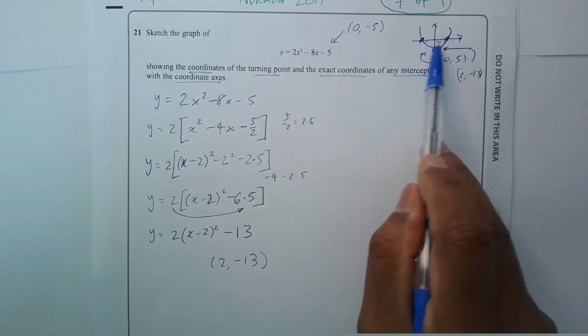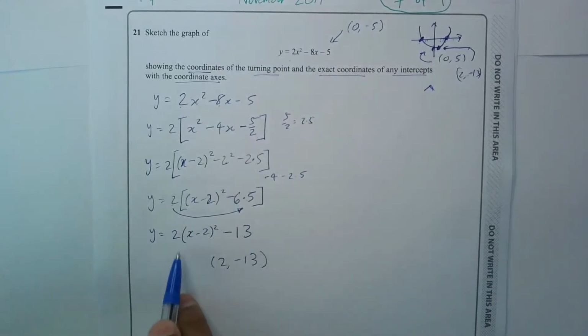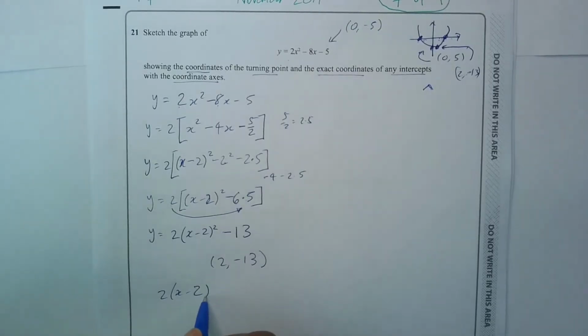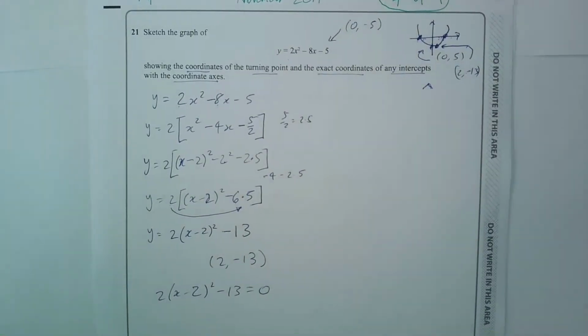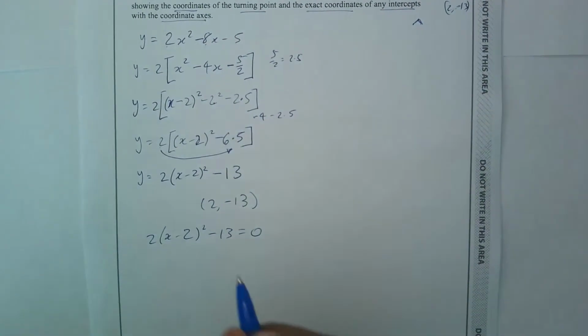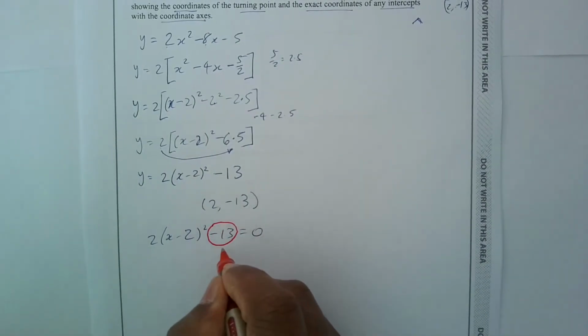So this is saying when y equals 0. So this needs to equal 0. So I'm going to say 2 bracket x minus 2 all squared take away 13 equals 0. Now I can just continue, so all I have left is to work out what x is. I can take this to the other side, which is going to be plus 13.